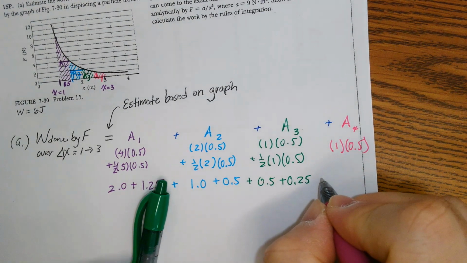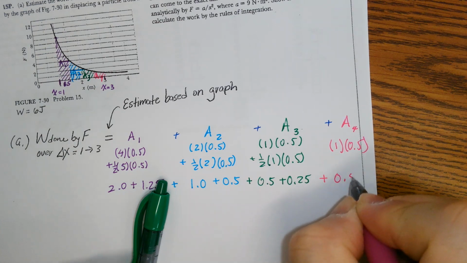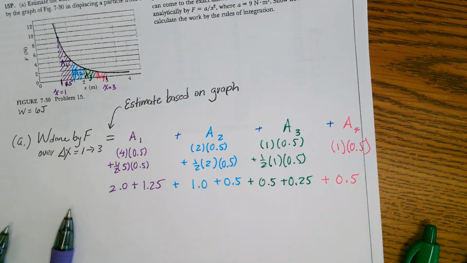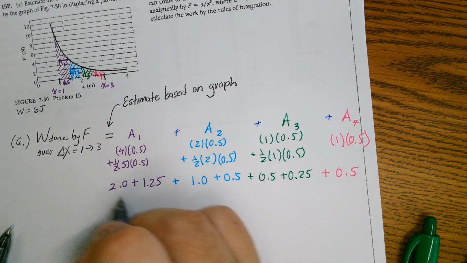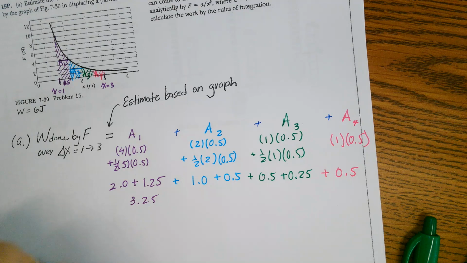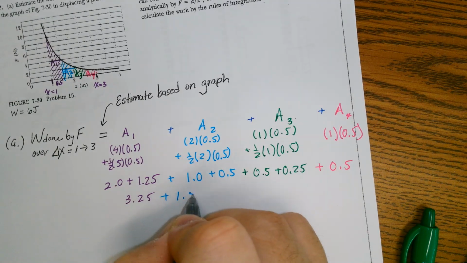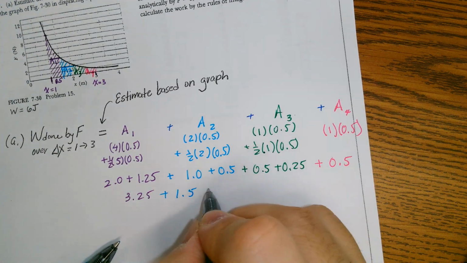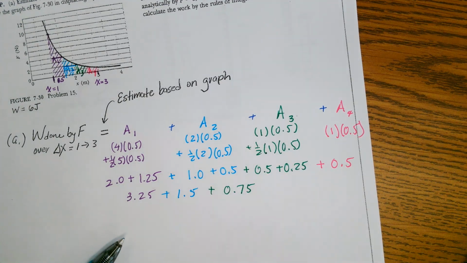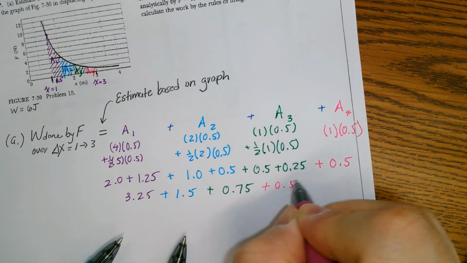Here I have plus 0.5. So let's add them all up. So this is 3.25 plus 1.5 plus 0.75 plus 0.5.